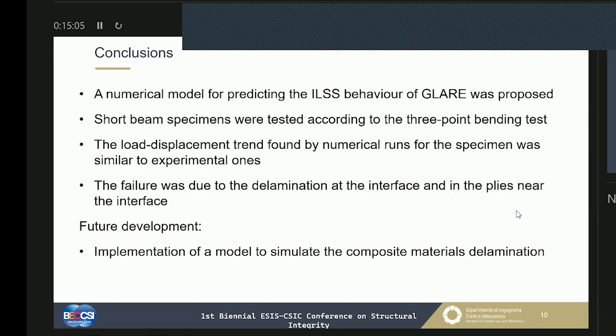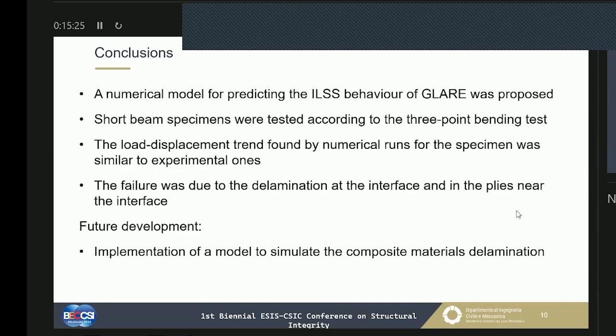So we can conclude that this model works quite well. The failure was due to the delamination at the interface between the aluminum and the composite, and this was the result found also with the numerical model.